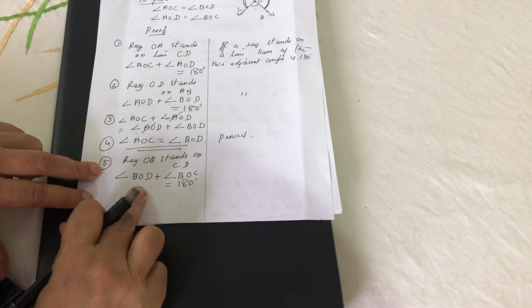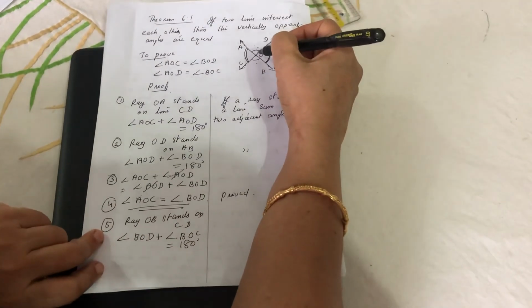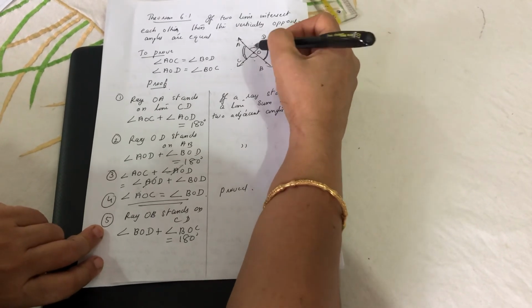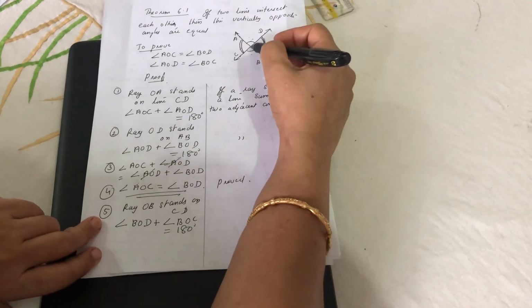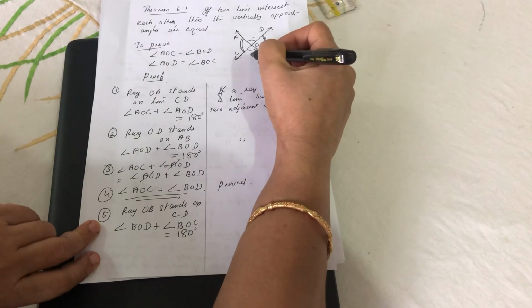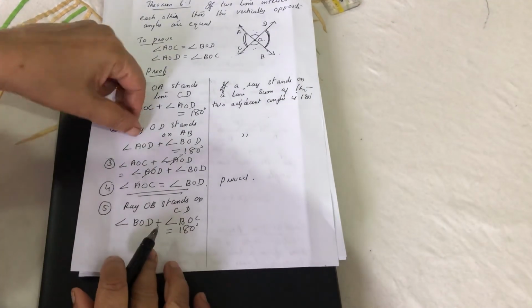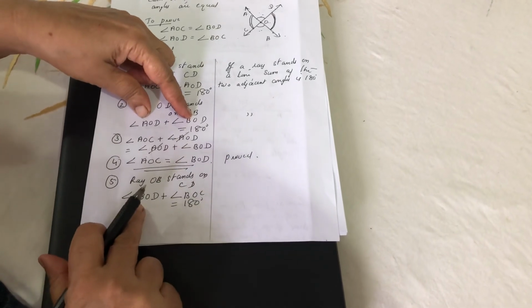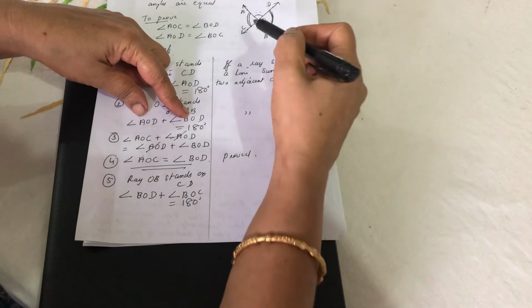Now you see this. We have taken OD, sum of this is 180. We have taken ray OB, sum of this is 180. So here AOD plus BOD, then BOD plus BOC.